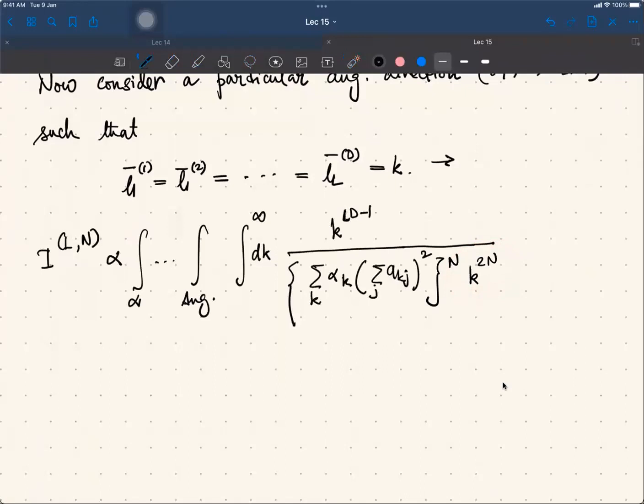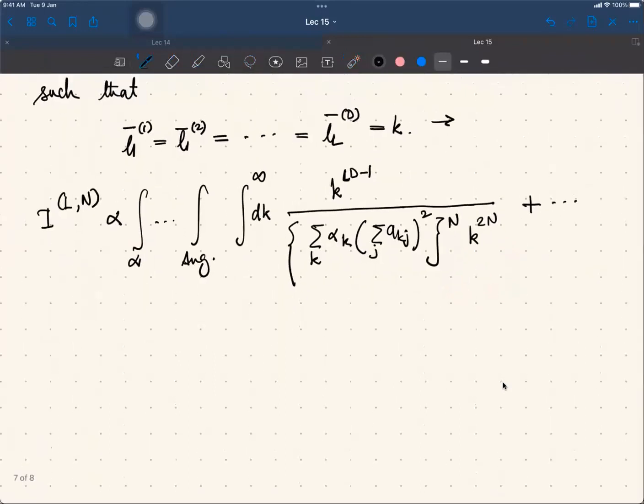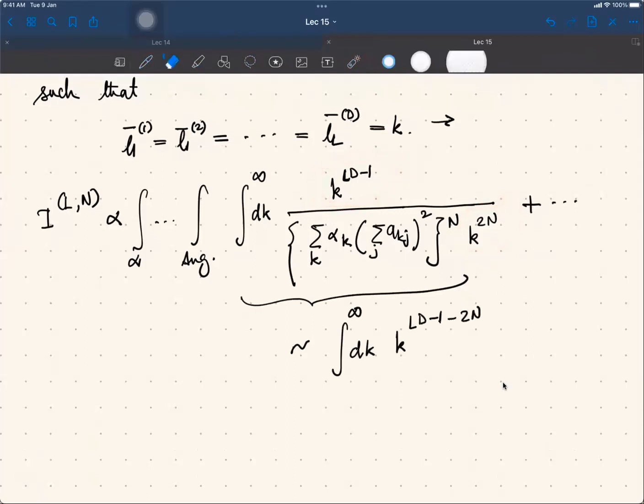Of course, there are contributions from other regions. But for large value of k, this is basically an integral of a power of k. And therefore, this portion is like dk at large value, k to the power LD minus 1 minus 2n, LD minus 2n minus 1.